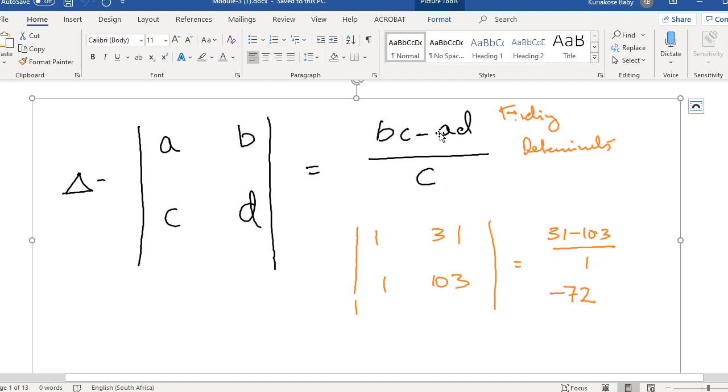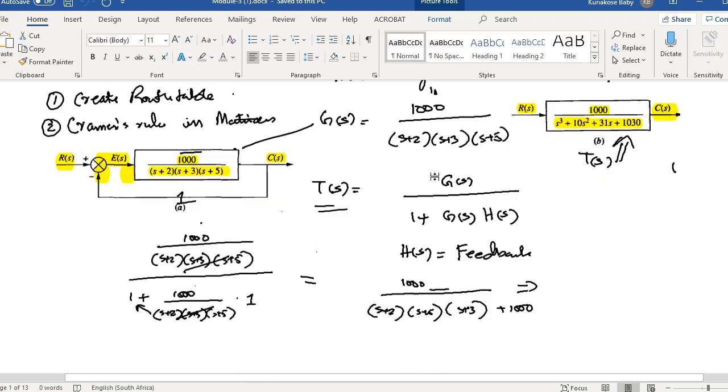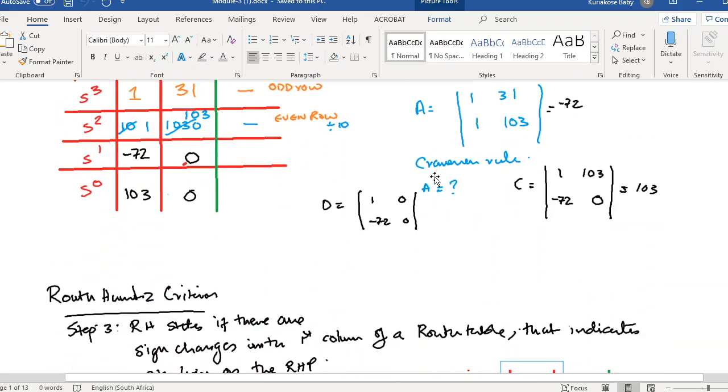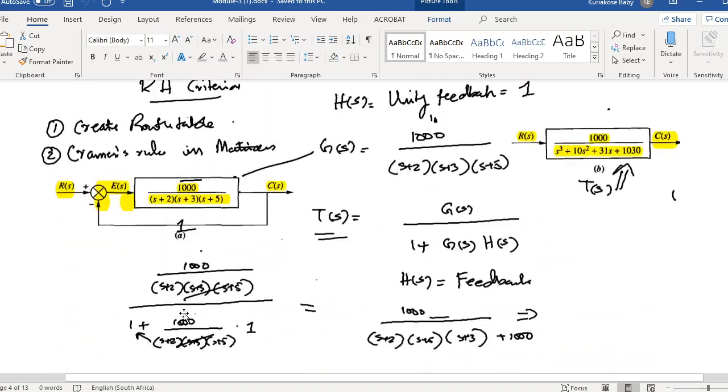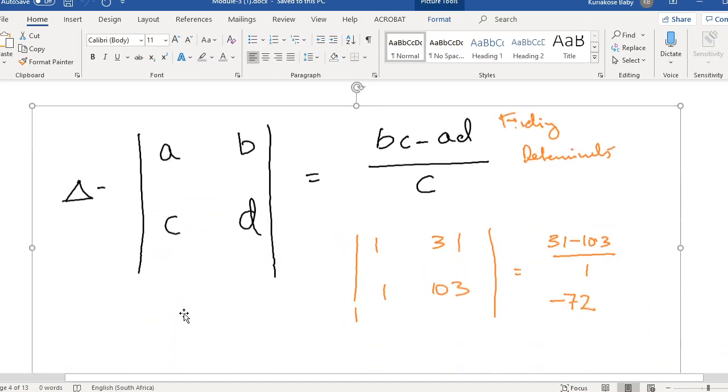So it's b into c minus a into d divided by c. Now I've taken these terms that are available in our Routh table and brought them into this determinant formula.